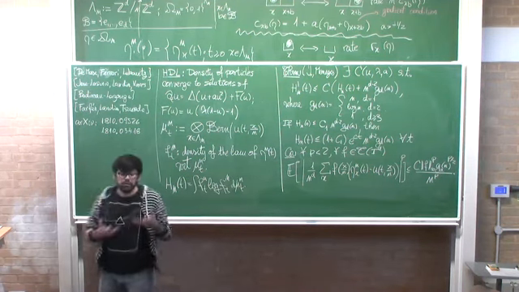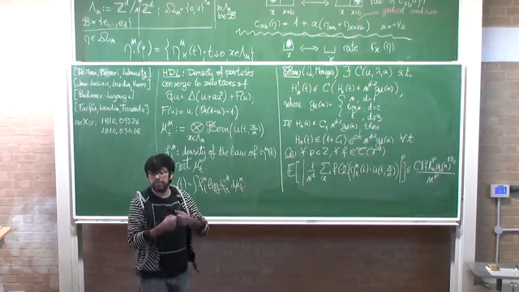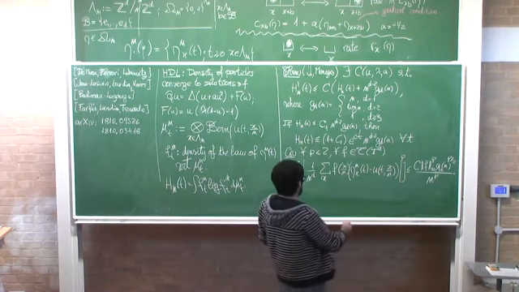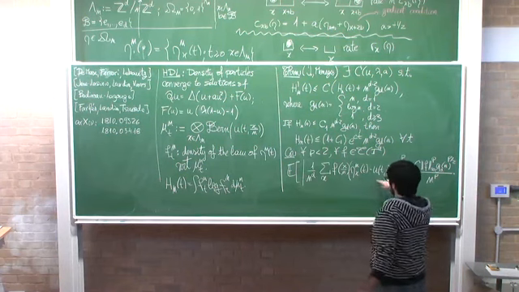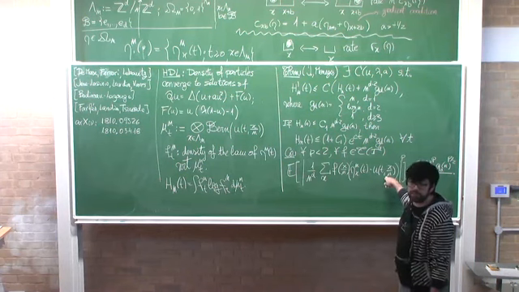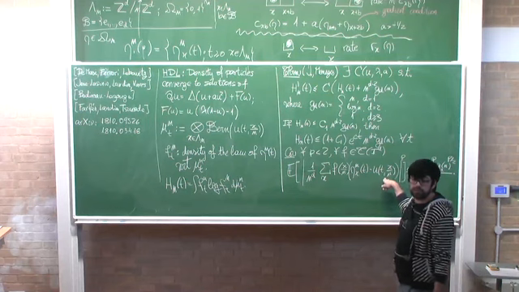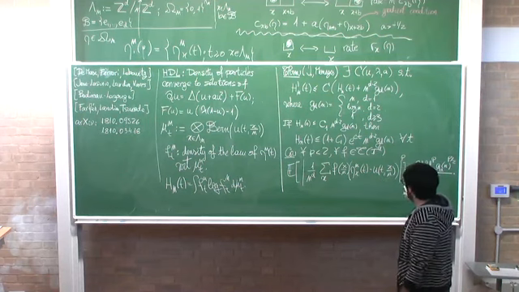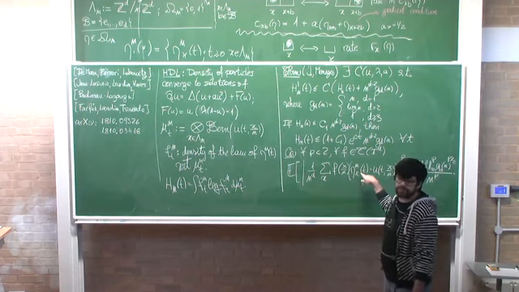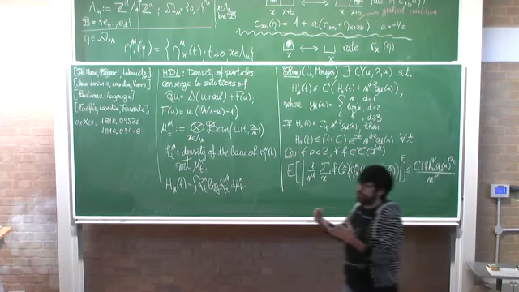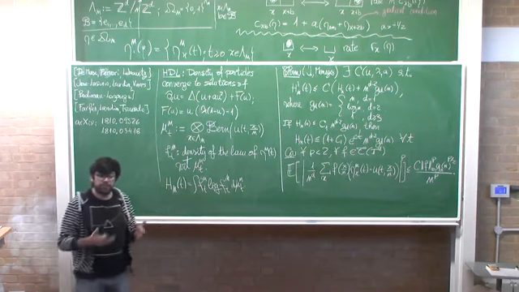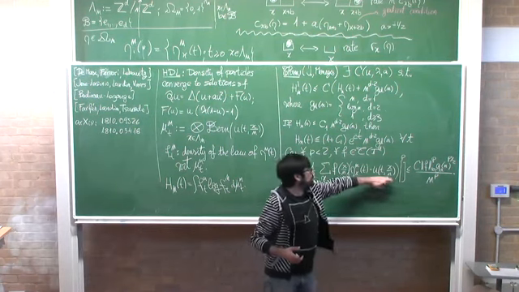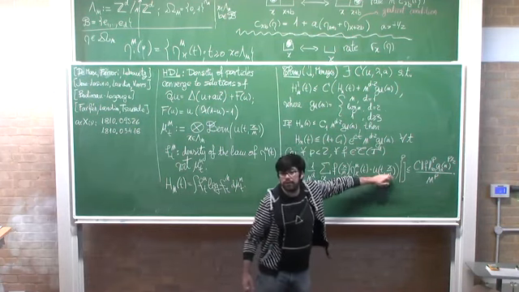So if it's a measure, it makes sense to test it against continuous functions. And this part here, the sum of f times the particle density, converges to the integral of f times u. So this means that as a measure, the density of particles converges to a measure which has density u with respect to the Lebesgue measure.